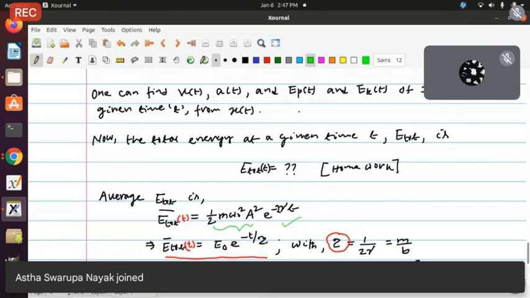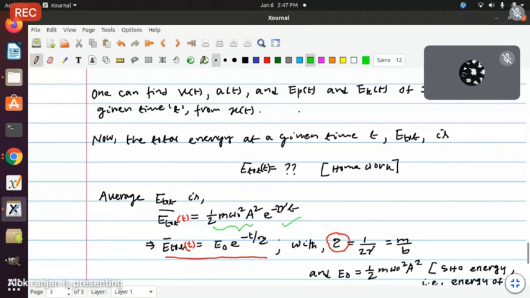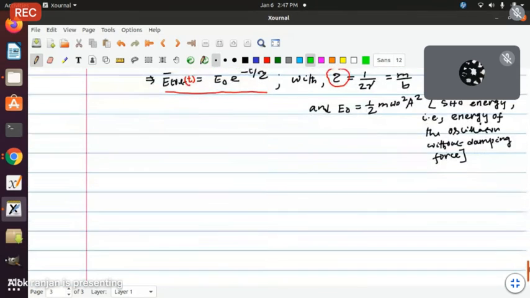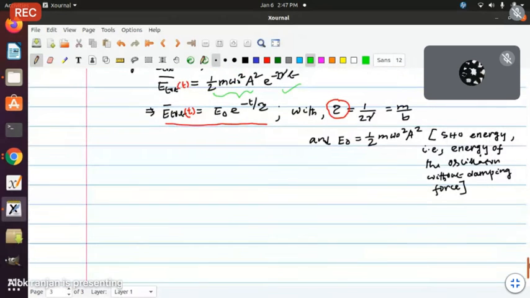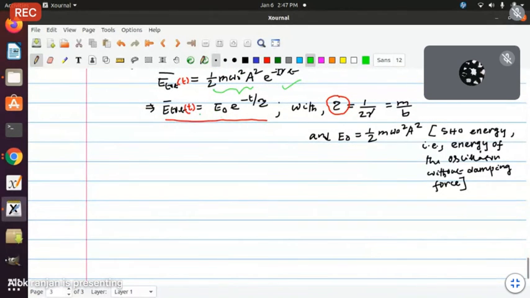What is the time scale of the decay? Tau. So that you need to calculate. That's the total average energy associated with the damped harmonic oscillator, and this is a part of your assignment, which you have to calculate.